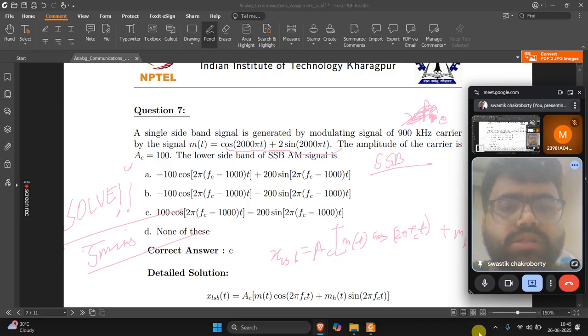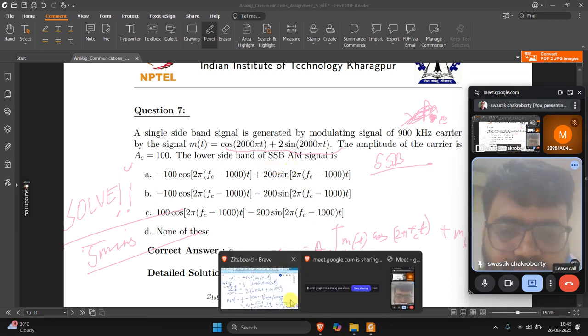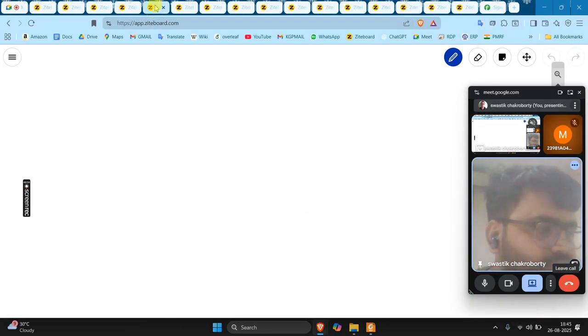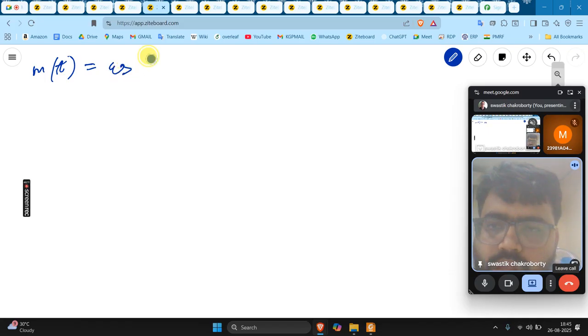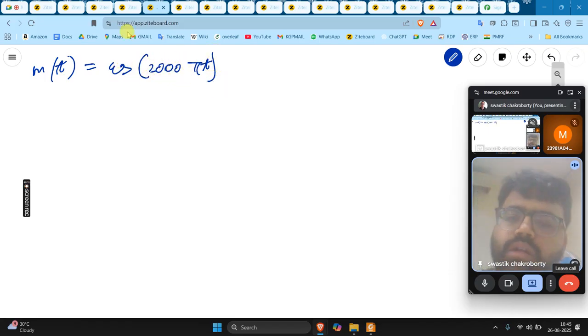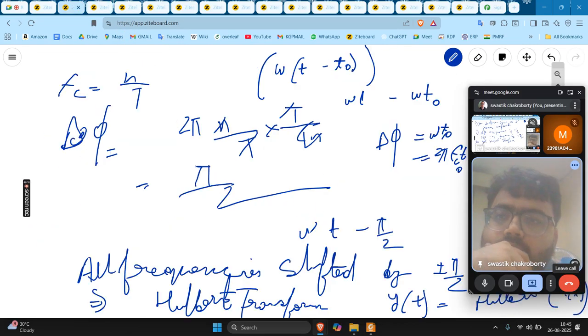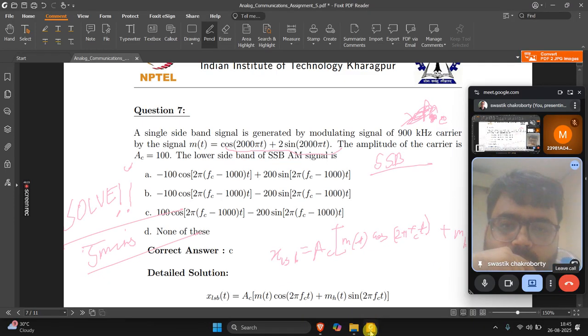Okay, so let's go to the solution. The m(t) is given to be cos 2000 pi t plus 2 sin 2000 pi t.